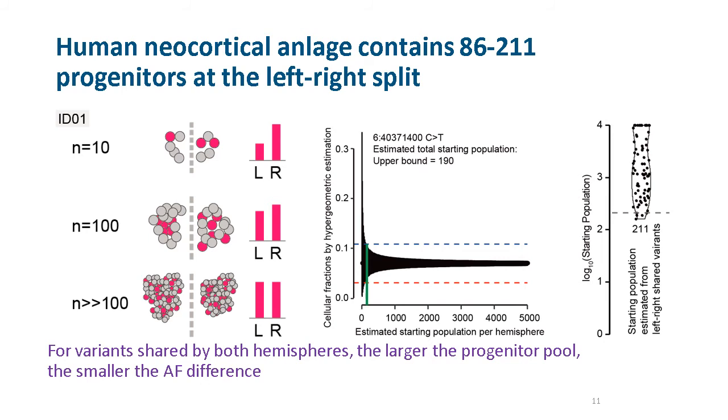The larger the progenitor size is during the left-right split, we will expect smaller differences between the allele fractions from the left and right hemisphere.